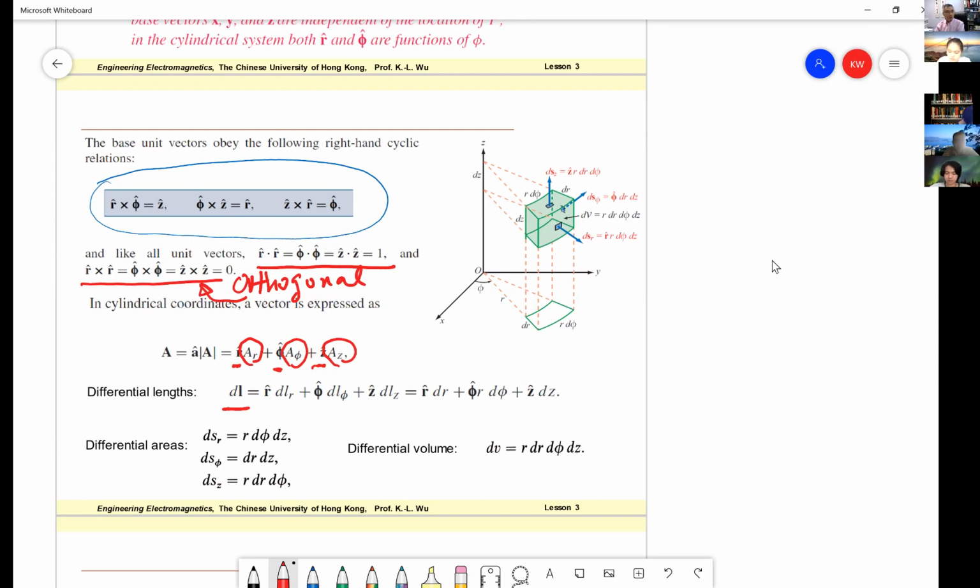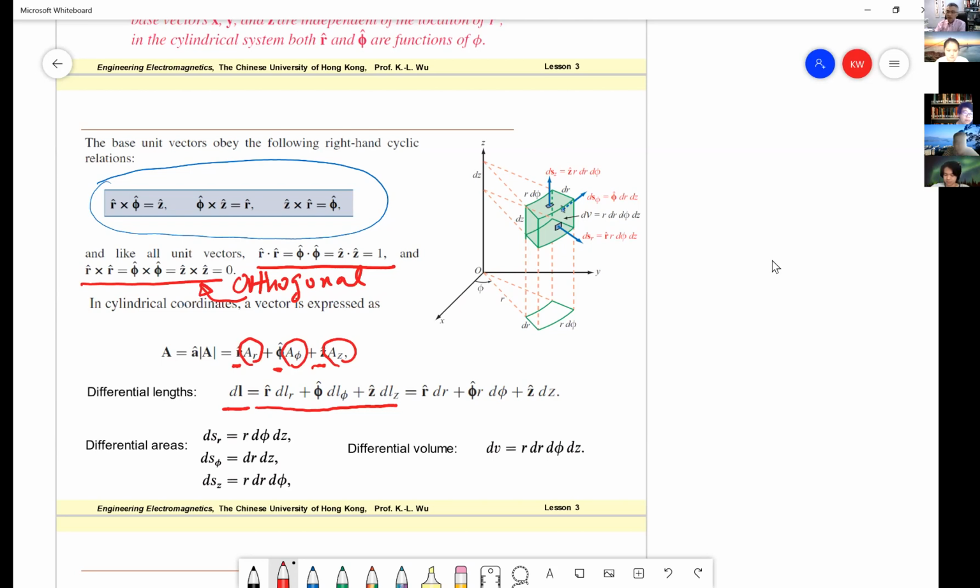Similar to what we did in the Cartesian coordinate system, in the cylindrical coordinate system we have a different way to express differential length. That's also in terms of these unit coordinate vectors, the projection.